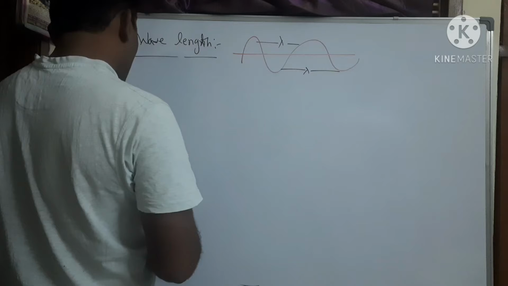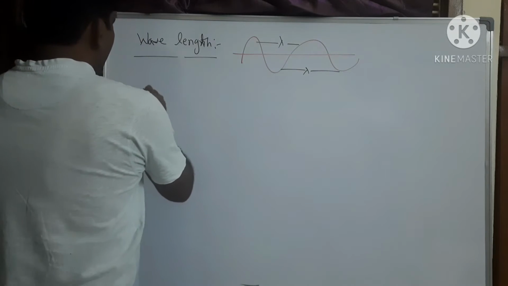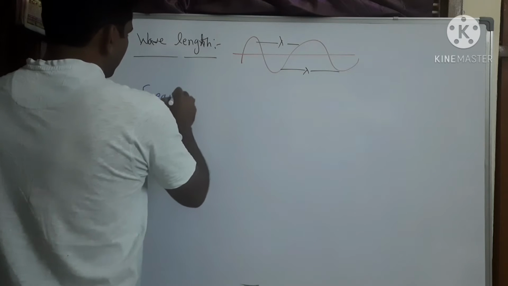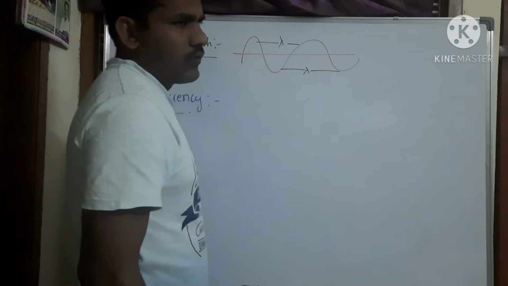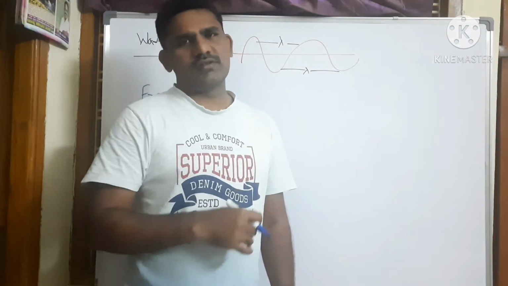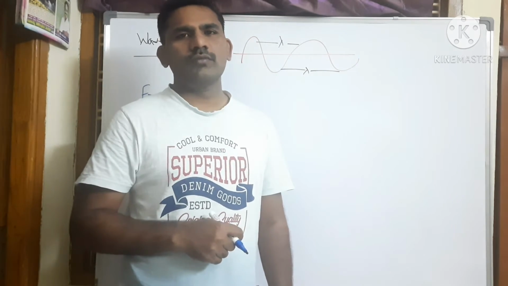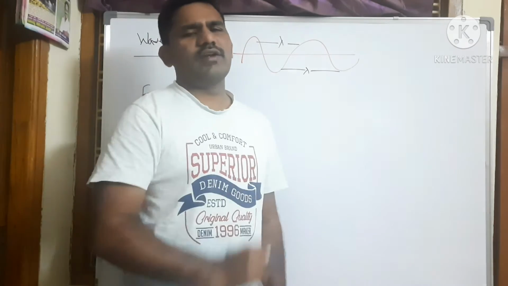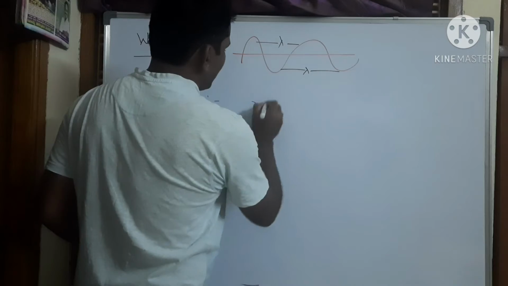Next, let us try to understand another important characteristic of electromagnetic wave, that is frequency. Frequency is defined as the number of waves generated in unit time. Frequency is represented by nu.